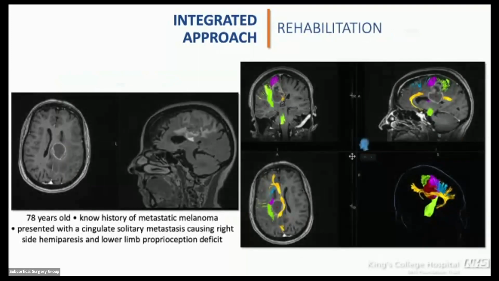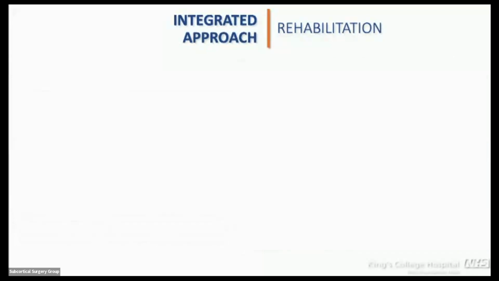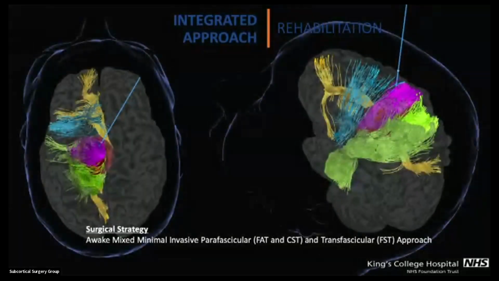It was an elderly woman, 78 years old, with a non-metastatic melanoma. She progressed despite SRS treatment, and she started having motor deficits. She was very keen to go for a surgery, so we did all the investigations, we did the tractography, and as you can see in this image, we were quite scared.